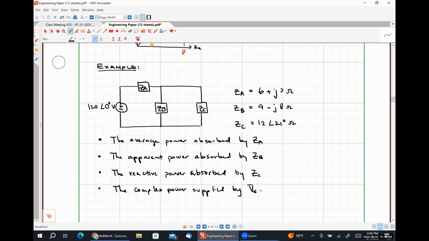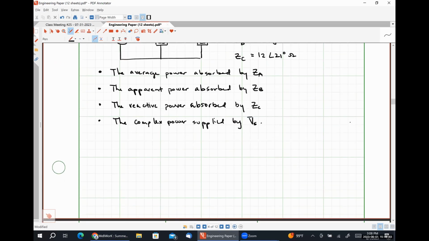We divide our voltages and currents by the square root of 2. Full stop, okay? So in the RMS phasor domain, this would look like 120 divided by root 2, angle 0 degrees, volts RMS. That's it. We simply divide the magnitude of the voltage by the square root of 2. We make no other changes.